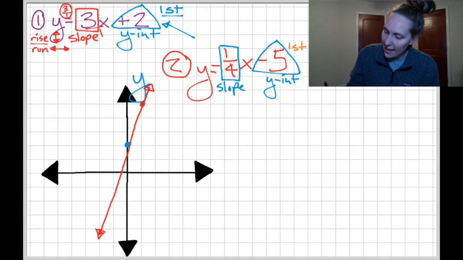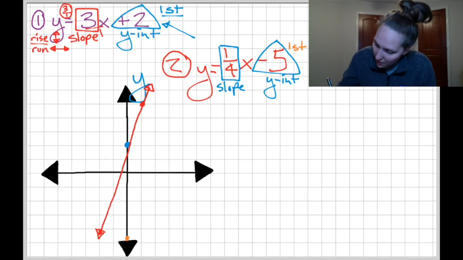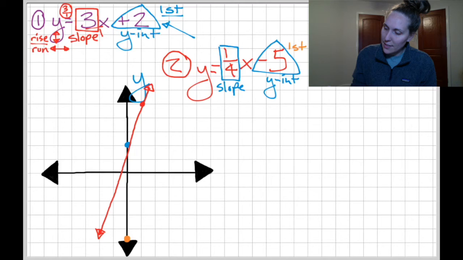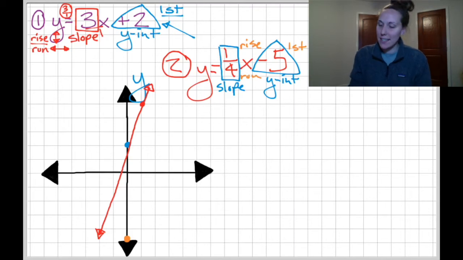In this one, it's at -5. So again, starting here at the origin, I'm going to count down 1, 2, 3, 4, 5, and put my dot there, down at -5. And next I'm going to do my slope, which is rise over run. This one's already in a fraction, so it's nice and easy. They're both positive, which again is super important because it tells me what direction I'm going to move.